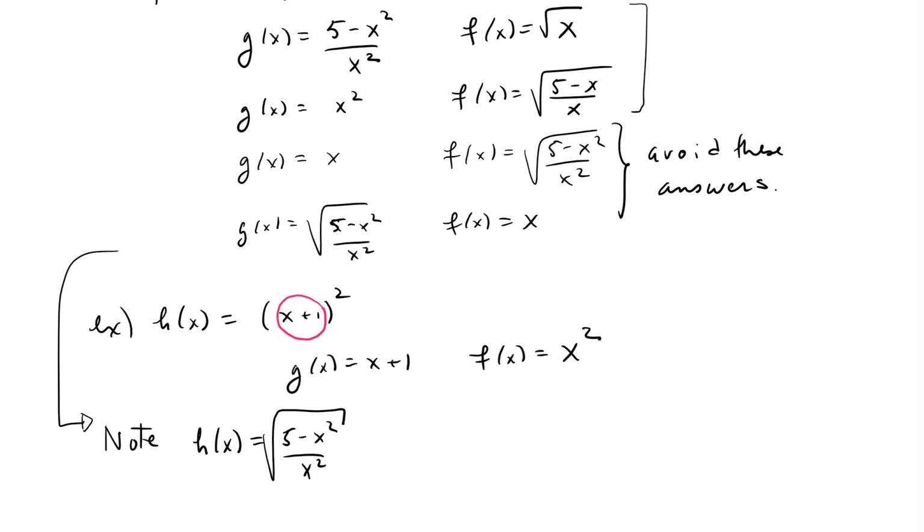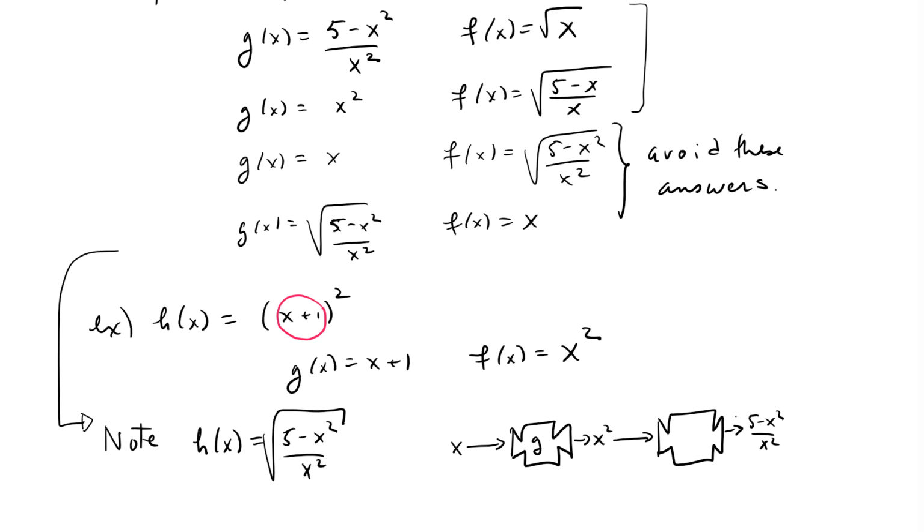So I take x, then I square it. You feed that into a function machine that's going to square it, and you feed that into another function machine that's going to do (5 minus x squared) over x squared.